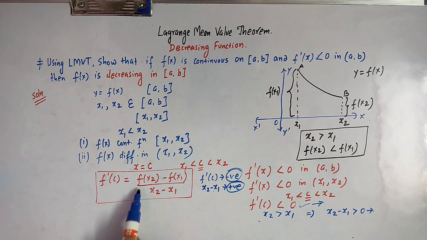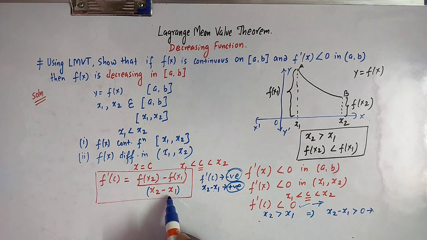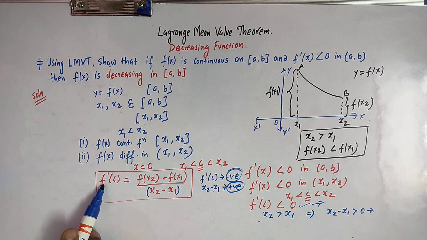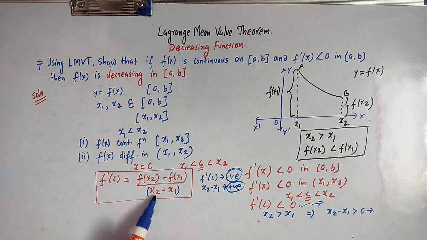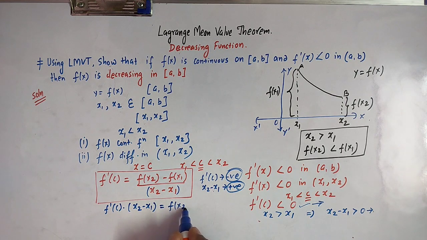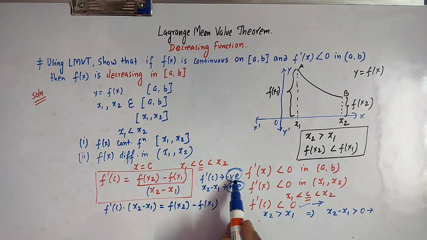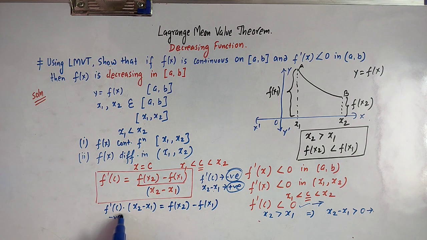So this implies that x2 minus x1 is a positive quantity, right? So from this expression, if we take x2 minus x1 to this side, that is, if we multiply these two quantities, then we have f prime of c times x2 minus x1 is equal to f of x2 minus f of x1, right? And now see, f prime of c is negative, so here we have negative, and x2 minus x1 is positive, so here we have a positive quantity, right?